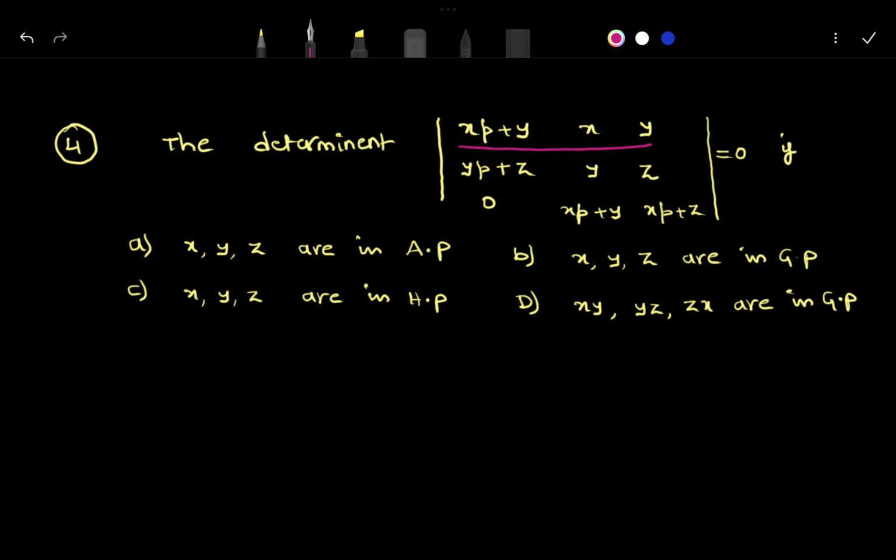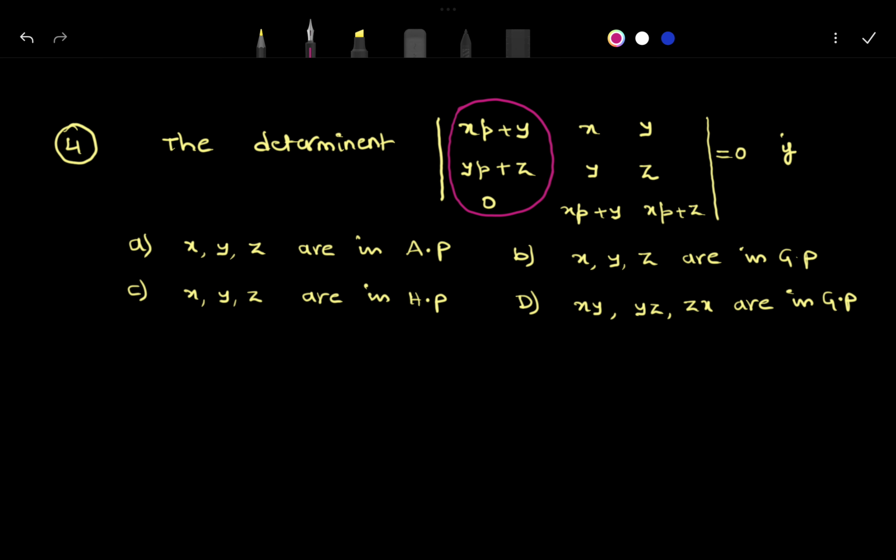Now it's better you take the first column. Here you take the first column elements as all zeros. For our convenience according to the given options, you have to select any row or any column, all the elements should be equal to 0. So now here I will take the first column elements all equal to 0.